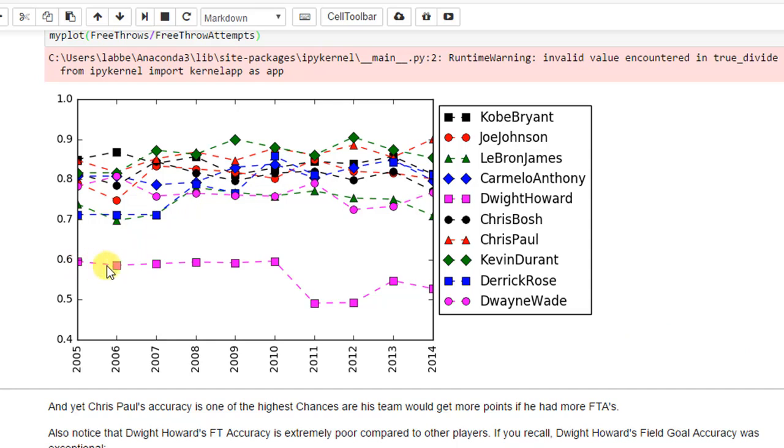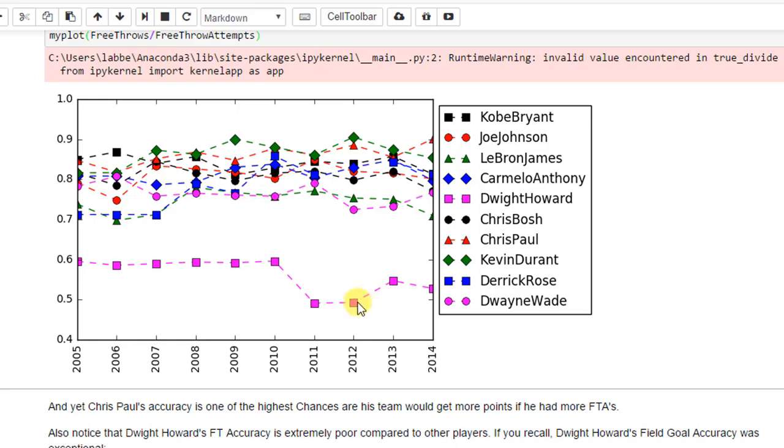Another interesting thing here is the performance of Dwight Howard. It's a very poor performance in free throws, close to 0.5 in 2011.